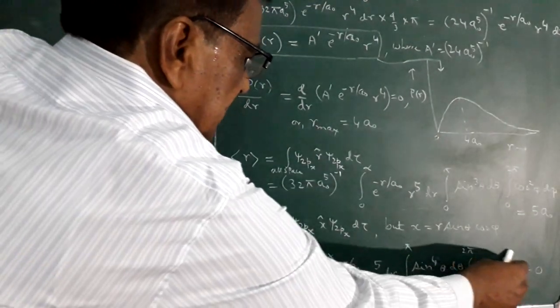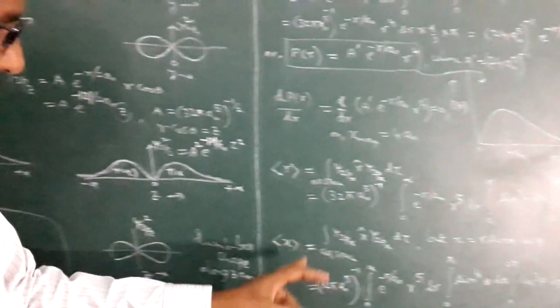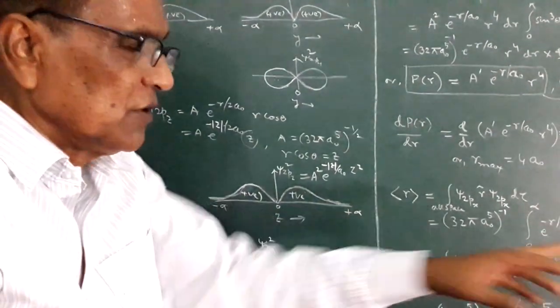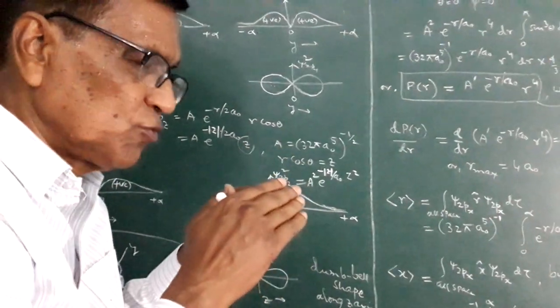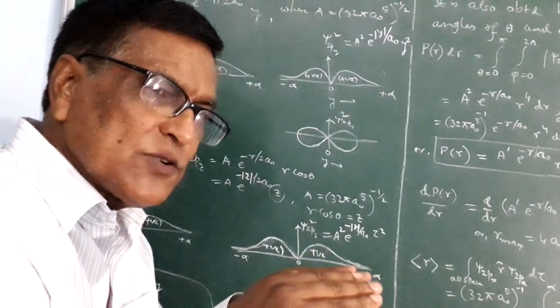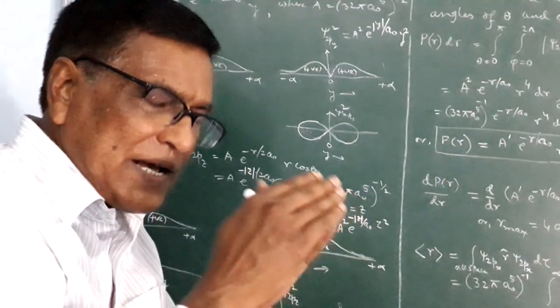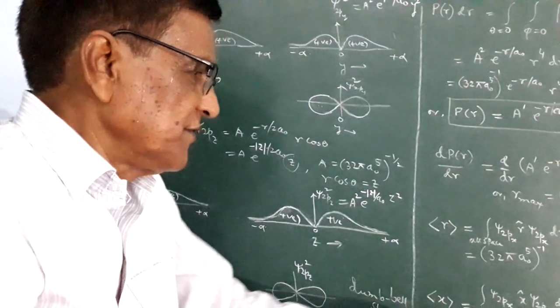But the value of this last integration is equal to 0. So the average value of x is equal to 0. This is obvious, since the 2px orbital is oriented along the x-axis, equally likely to be found at plus x and minus x from the origin, so the average value becomes 0.